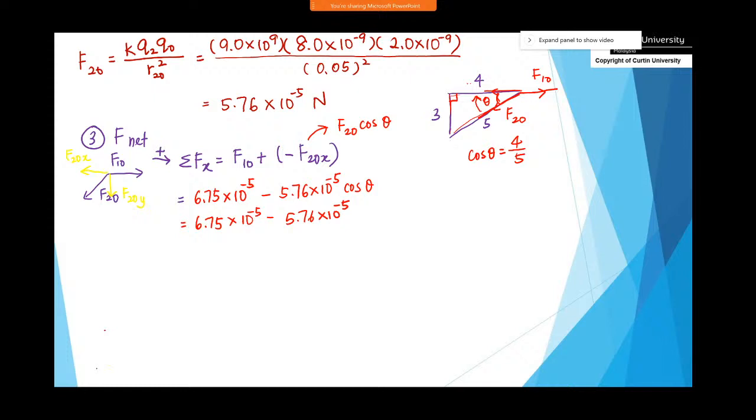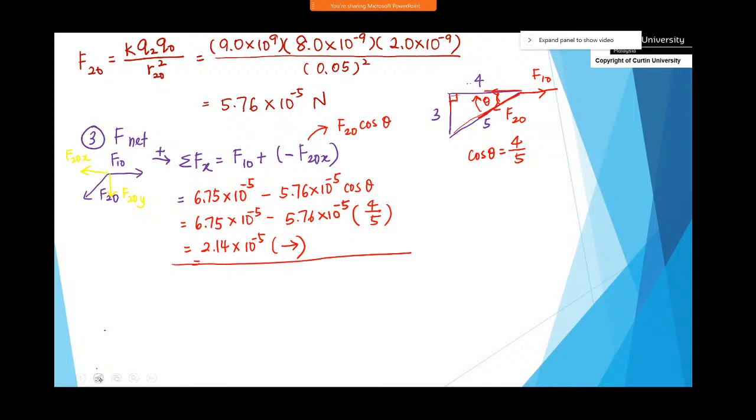From the diagram here. So replace the whole cos theta with 4 over 5 only. So you get a total of 2.14 times 10 to the power of negative 5. So since this is a positive value, it means the direction is going to the right.